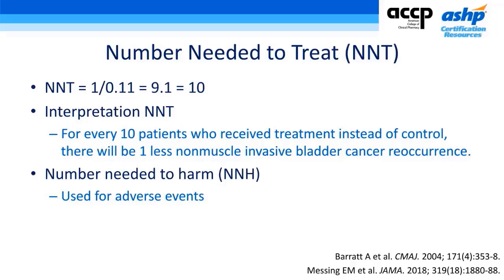Additionally, for number needed to harm, we want the number to be as high as possible, contrary to number needed to treat, where we want the number to be as low as possible. Ideally, we would want number needed to treat to be 1, but realistically, that likely wouldn't happen.